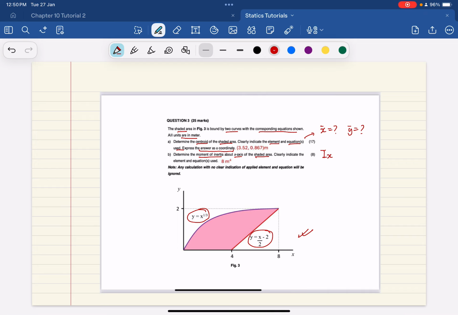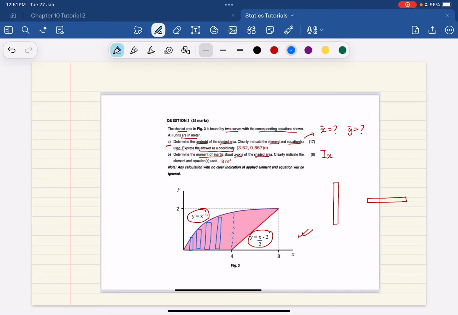So first and foremost, for part A, we can actually section the element either by using a vertical element or a horizontal element. So for this question, if let's say we were to use a vertical element, it may seem like it's a good choice, but you might run into a problem. And what is this problem is that you'll have to section your area into two regions.